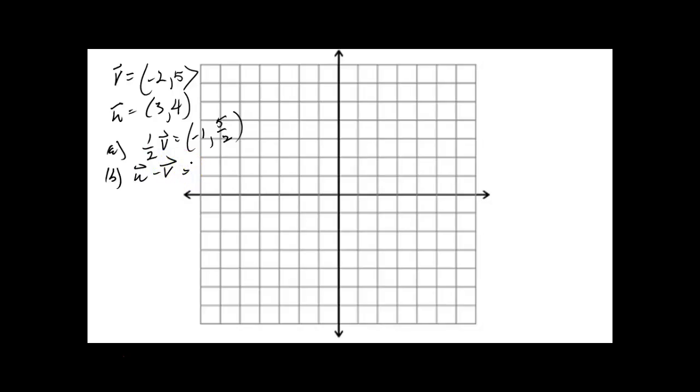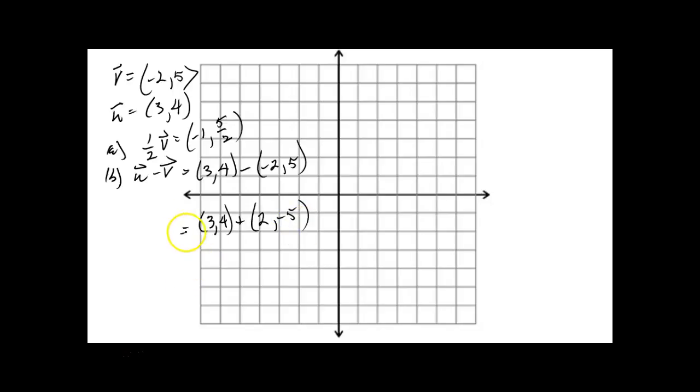Okay, now, rather than drawing a parallelogram, I would write down what u is. u is, or you are? No, I'm just kidding. Okay, 3, 4 minus negative 2, 5. And what it looks like you're doing is 3, 4 plus the opposite of this, which would be 2, negative 5.